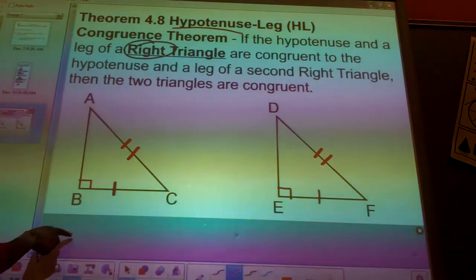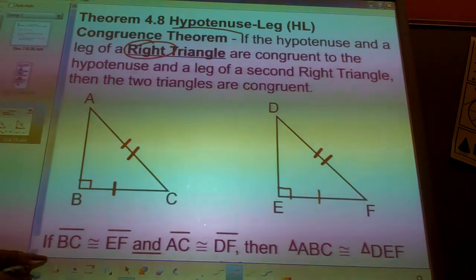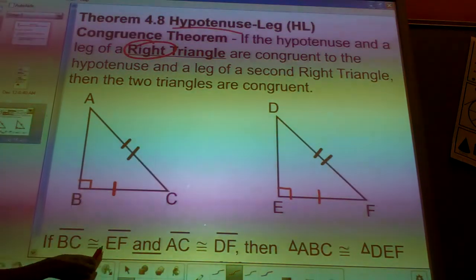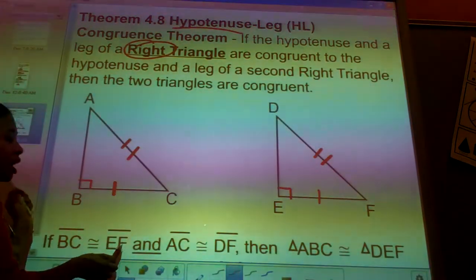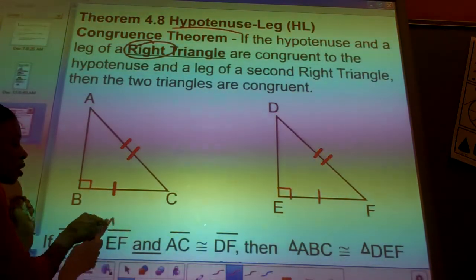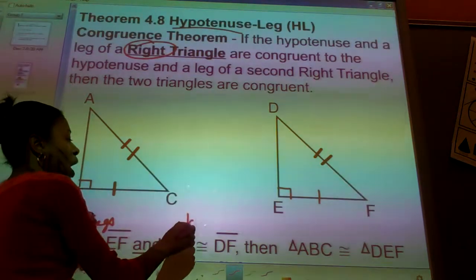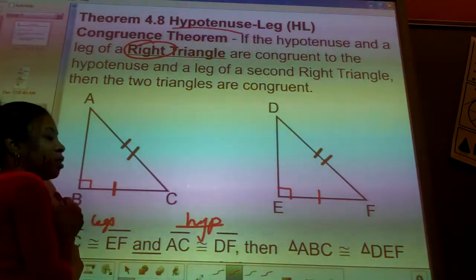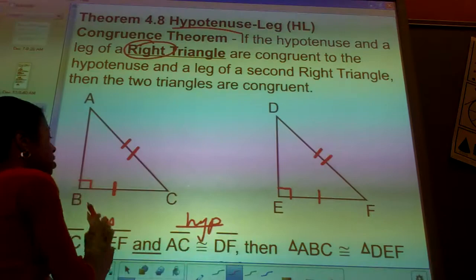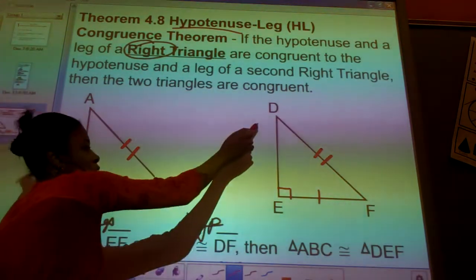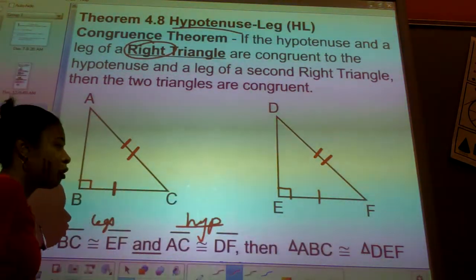That means that the two triangles will be congruent. Because BC is congruent to EF, which are legs, and AC and DF are congruent, which is your hypotenuse. We must use that hypotenuse. Then that automatically means that triangle ABC is congruent to triangle DEF.